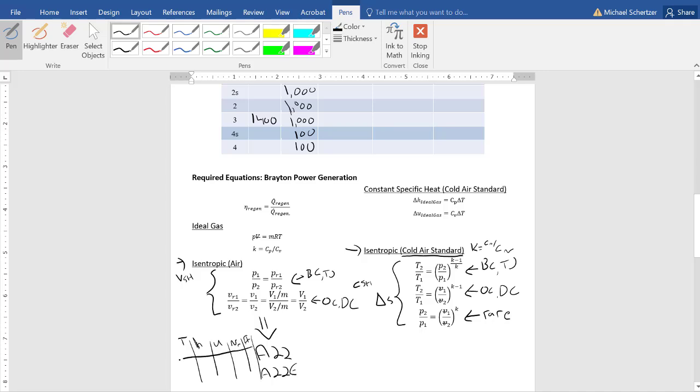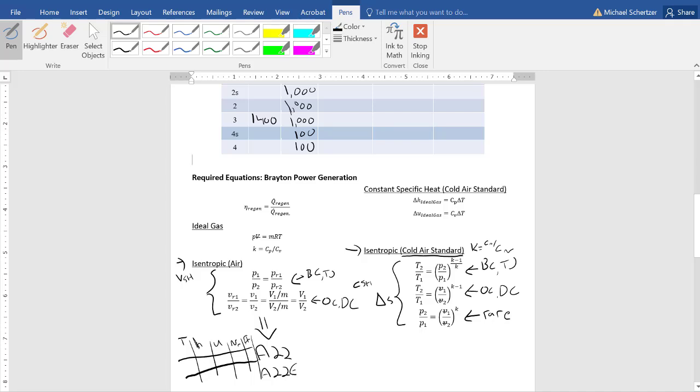In this case, if we know the ratio of pressures and we can fix the first state, then we can get Pr2. And once I have Pr2, then I can go back and find h or find T, right? Or if it was an Otto cycle or a diesel cycle, I would use a volume ratio. Usually I'd know vr1, and then maybe I'd get vr2. And then if I had vr2, I could go back and find specific internal energy, or I could find temperature, probably both, right?